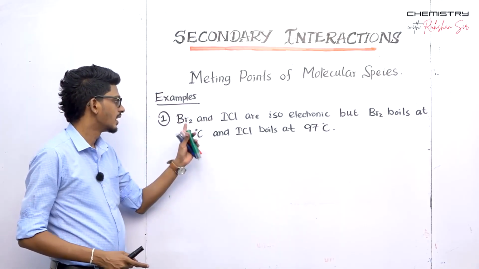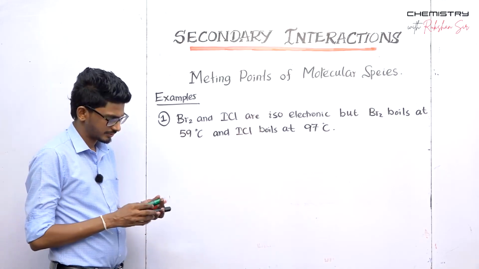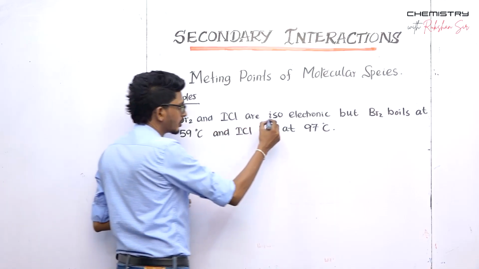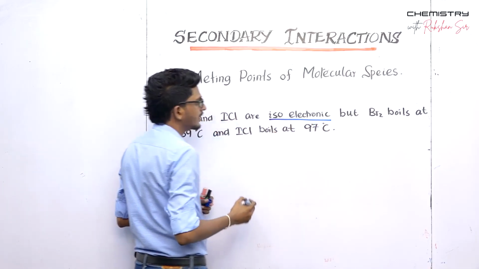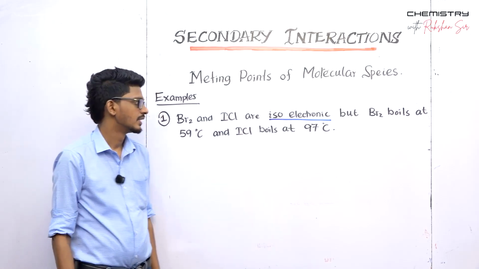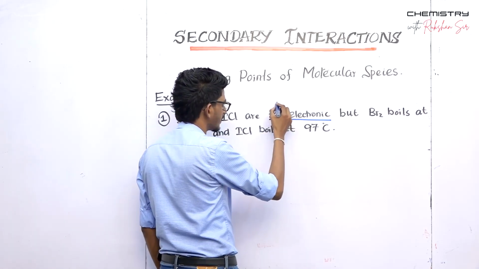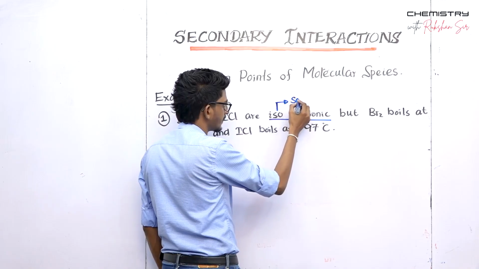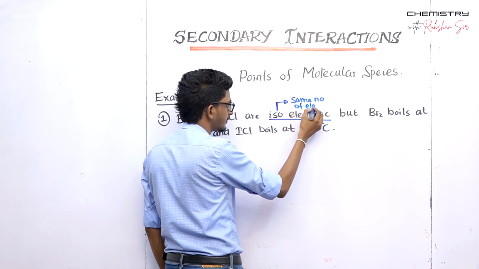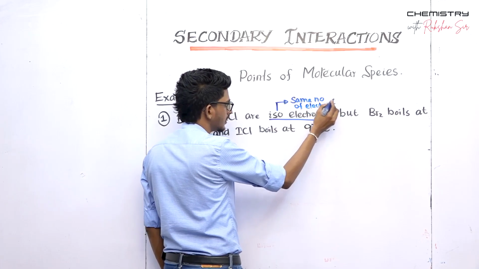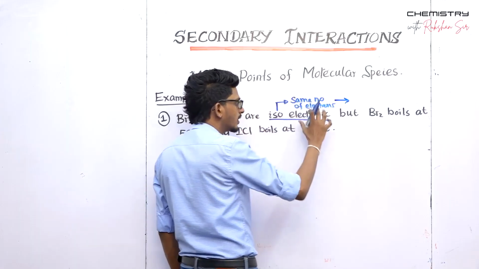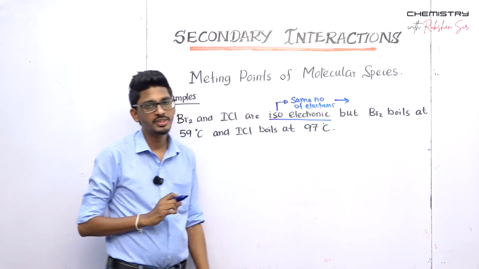Br2 and ICl are isoelectronic. Isoelectronic means these two have the same number of electrons. If you are dealing with the same number of electrons, one can say their molecular weights are closely similar.